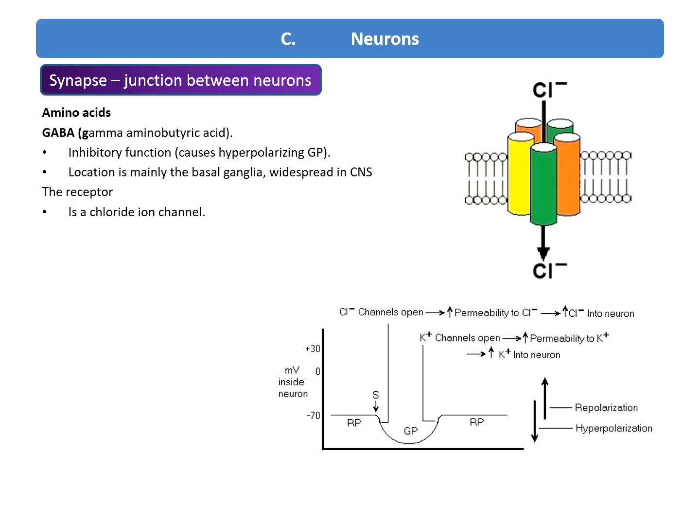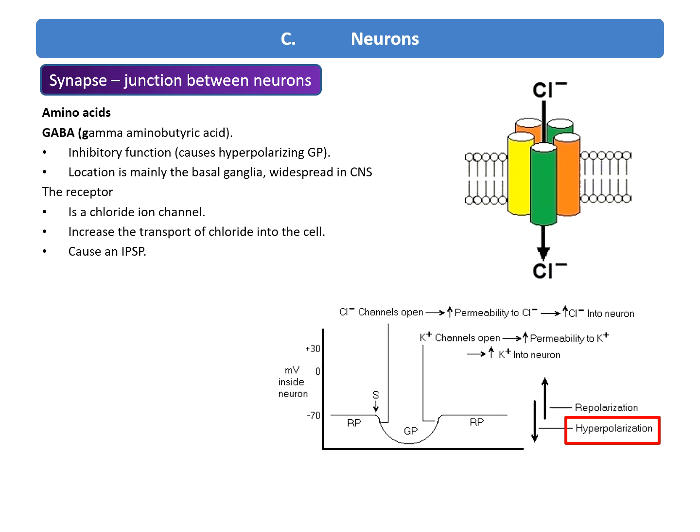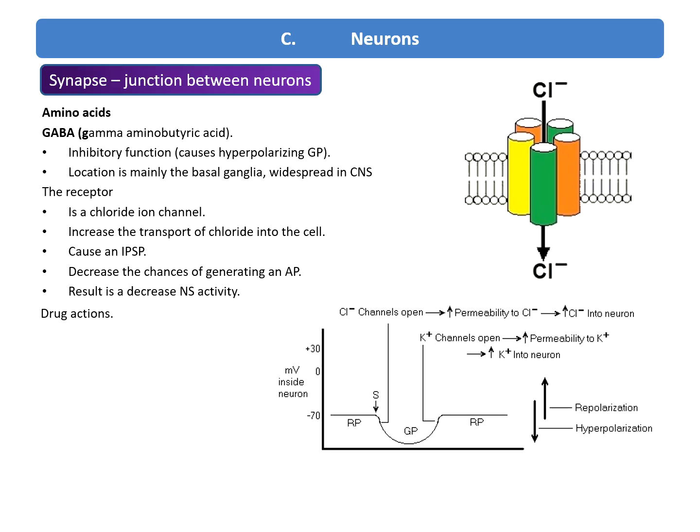The receptor is a chloride ion channel. It increases the transport of chloride ions into the cell, causing an IPSP, inhibitory post-synaptic potential. It decreases the chances of generating a nerve impulse. It results, therefore, in a decrease in overall nervous system activity.